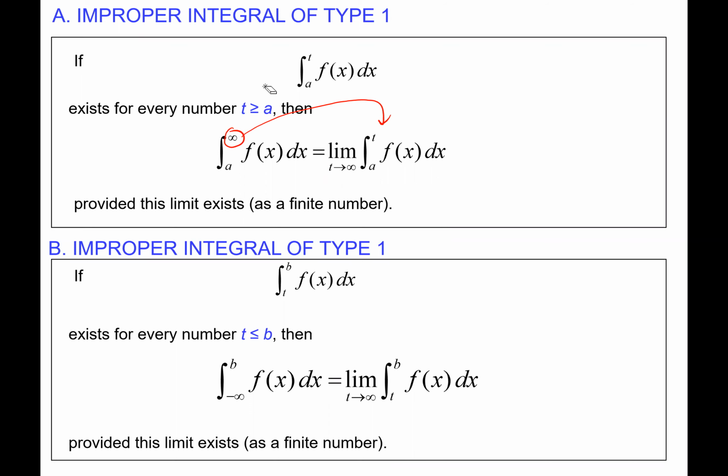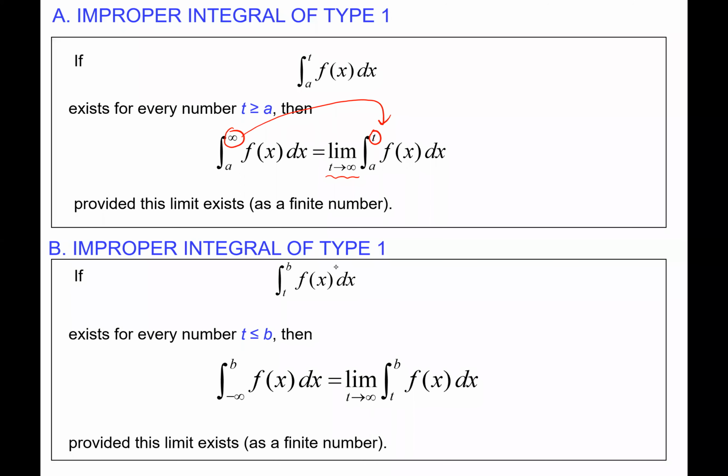The upper limit infinity will be replaced with t, and then we have the indication t goes to infinity. Of course, we can rewrite like that if this limit exists. If the limit doesn't exist, we will not even rewrite. But in order to check if this limit exists, we have to rewrite and evaluate the limit.